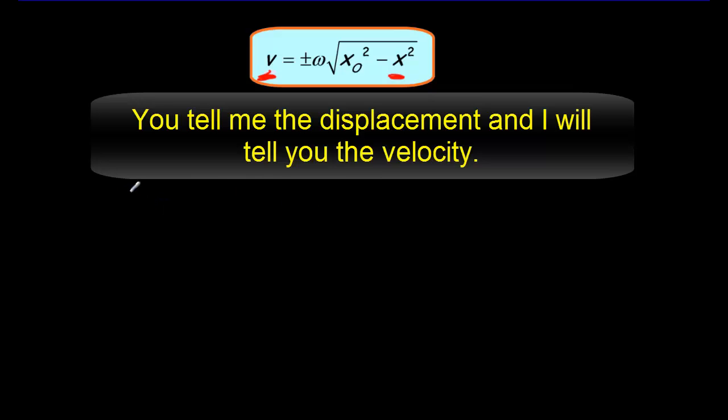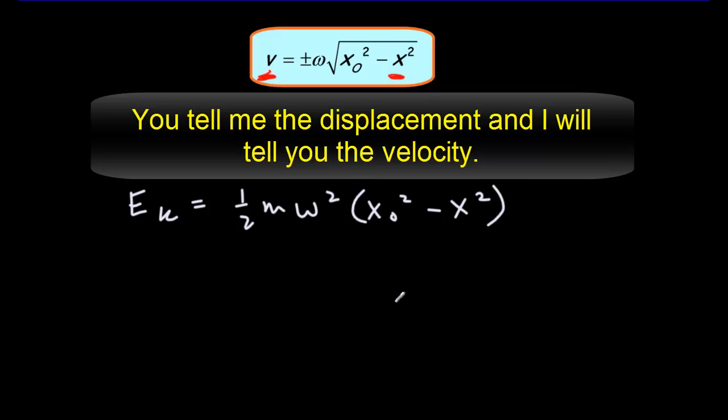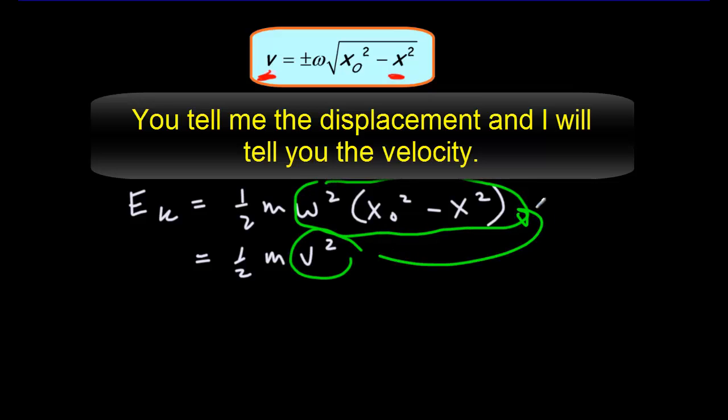We just had this expression that Ek was equal to 1/2 m omega squared (x naught squared minus x squared). But of course, kinetic energy is 1/2 mv squared. So I can equate this to this. They have to be the same.